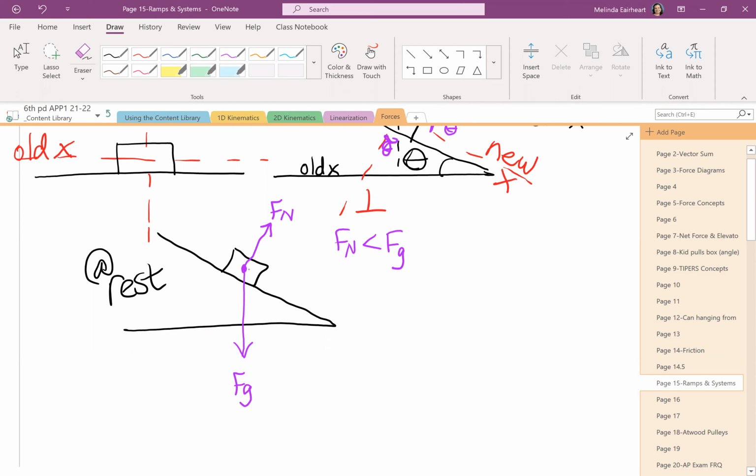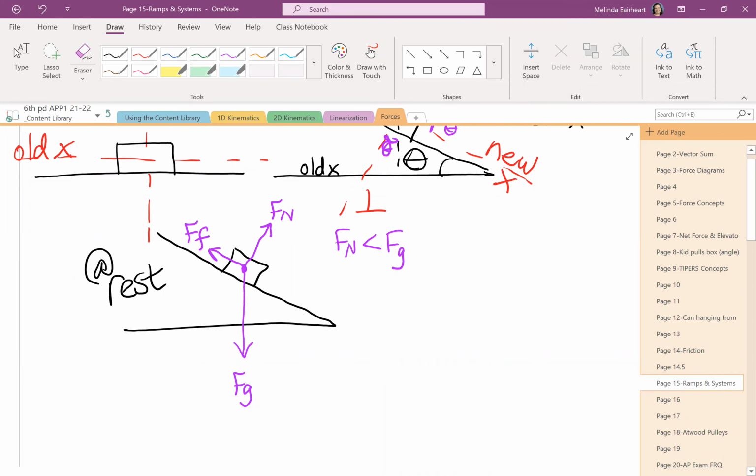What's the would-be motion? It wants to go down the ramp, so friction has to grip up the ramp, parallel to the surface. Don't draw it super big either. We've already learned that frictional force is typically less than the normal force because of that coefficient.